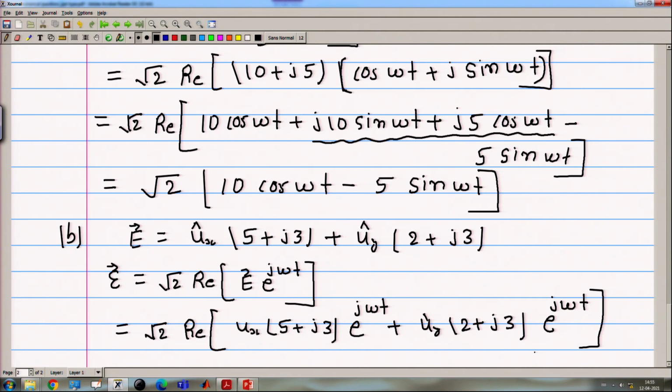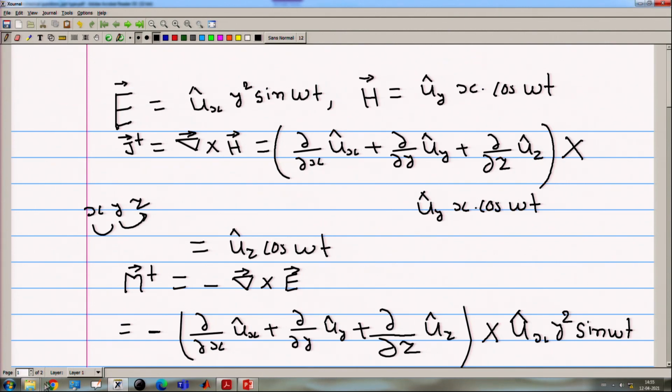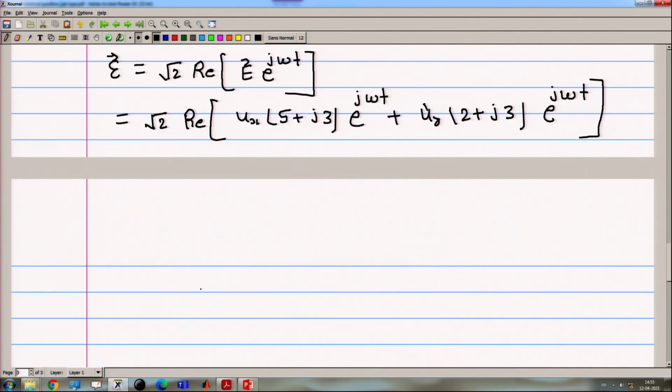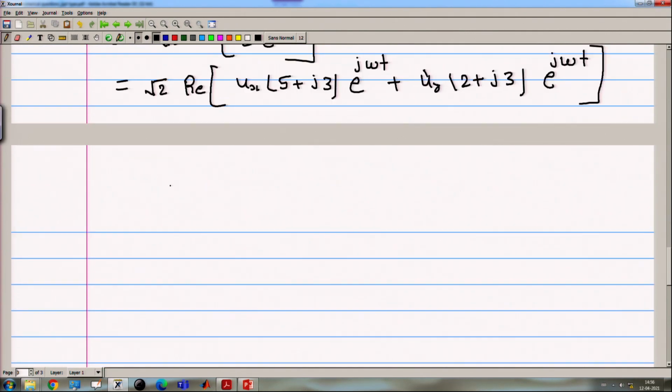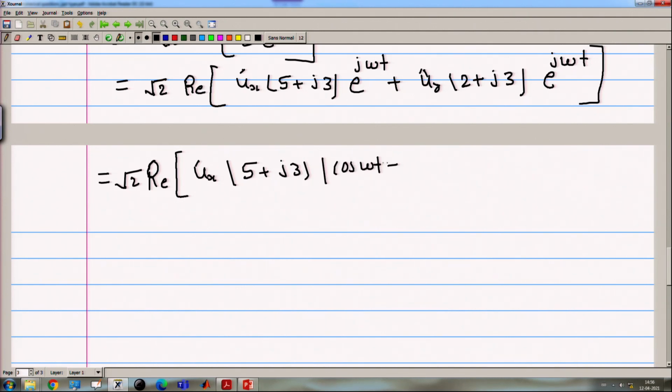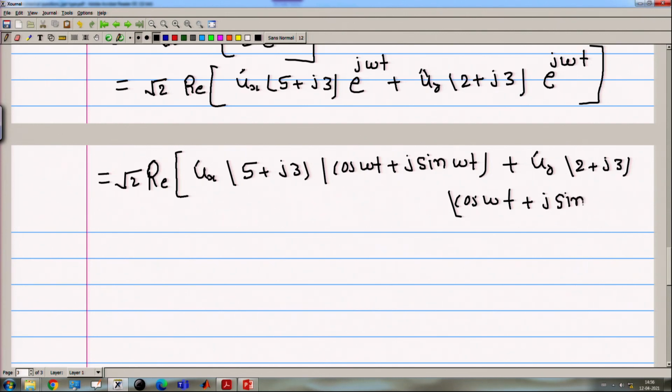Here we can write e to the power j omega t as cos omega t plus j sin omega t. So, root 2 real part of ux, these all are the unit vectors, ux (5 plus j3)(cos omega t plus j sin omega t) plus uy, for the second term, (2 plus j3)(cos omega t plus j sin omega t).